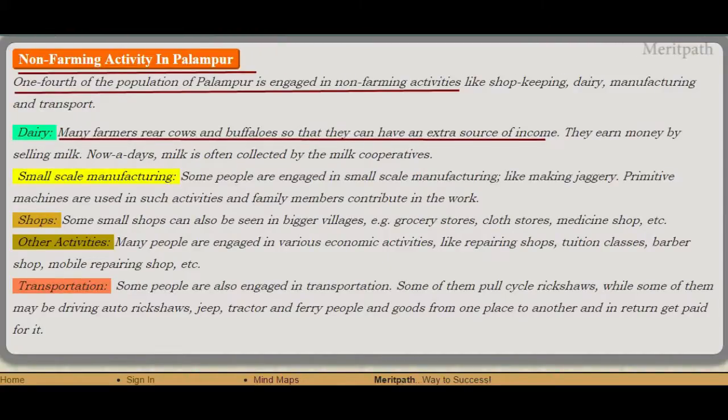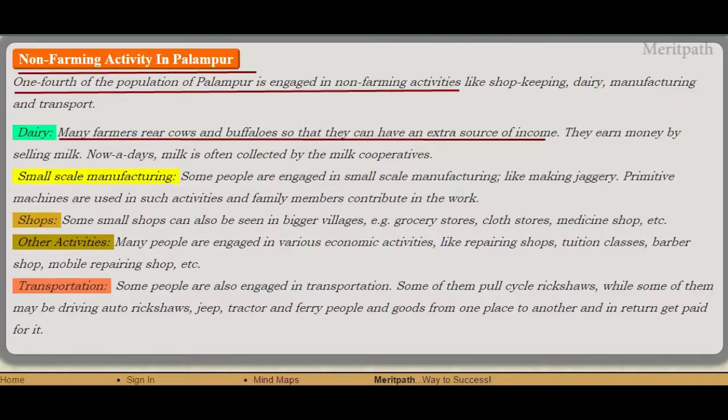Non-farming activity in Palampur. One-fourth of the population in Palampur is engaged in non-farming activities like shopkeeping, dairy activities, manufacturing and transport. Dairy means farmers rear cows and buffaloes so that they can have an extra source of income.